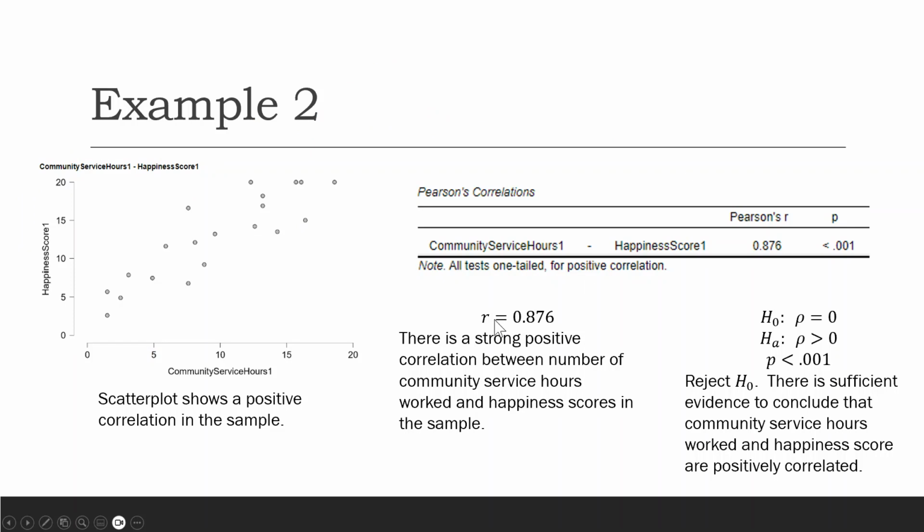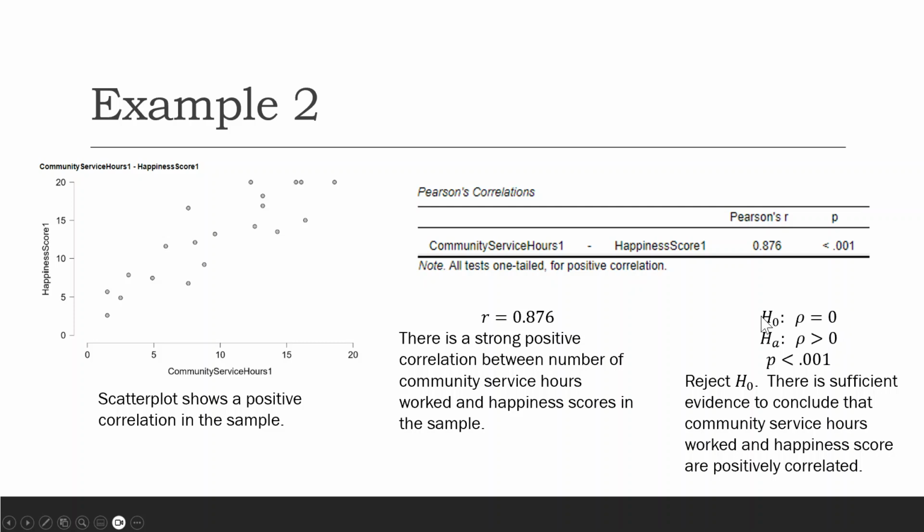Because our R value, well, let's start with the scatter plot. We already said this, but the scatter plot shows that we have a positive correlation in the sample. Our correlation coefficient R tells us that we have a strong positive linear relationship between these two variables because this value is larger than 0.7.